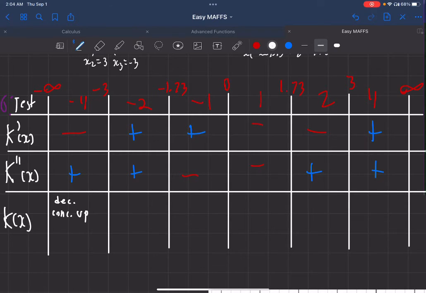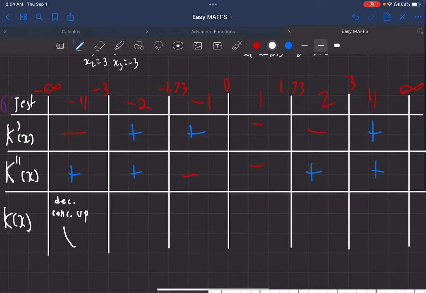Okay, so what does that look like? If we're decreasing, we're obviously going down, right? And what does concave up look like? Well, concave up like that, right? So this is decreasing and concave up.